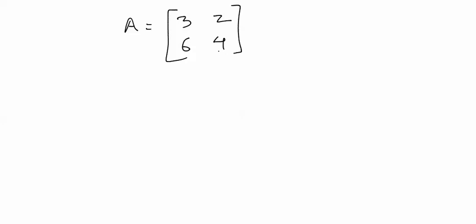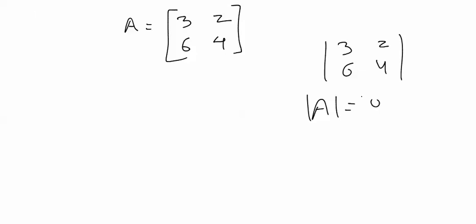Now what is the determinant of this? The highest order determinant you can find is second order. You can form this 3 2 6 4. Now if I find the determinant of this, it comes out to be 0.